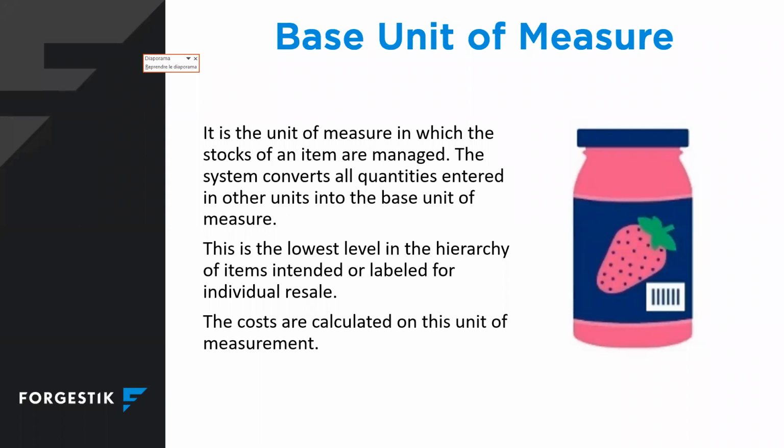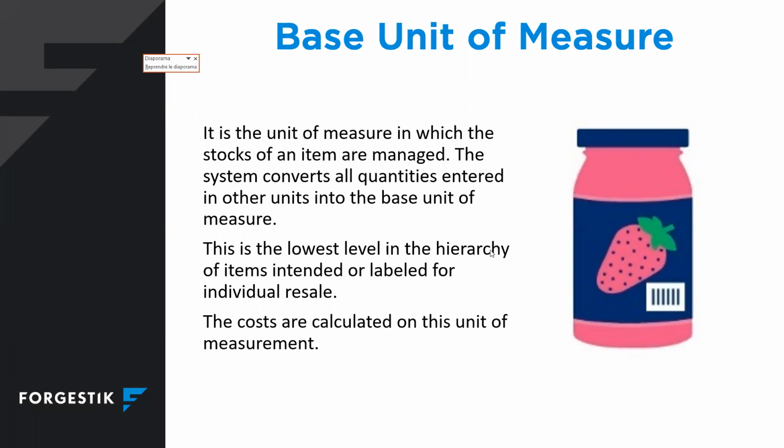So you say, well, I don't need the units except when I have returns, but I don't want to manage the units in my warehouse. That's okay, but you still need to define the base unit of measure as the unit, and we will see a little bit later on why it is very important.